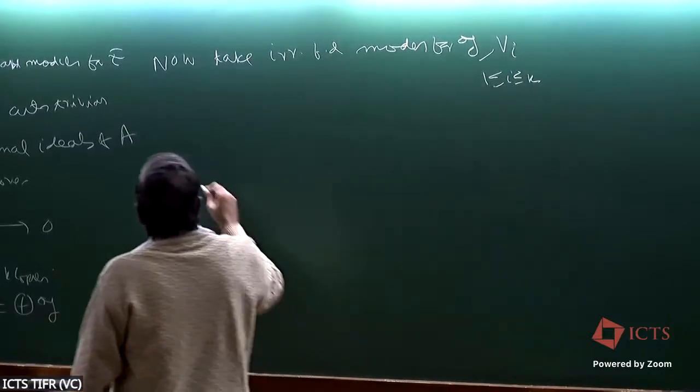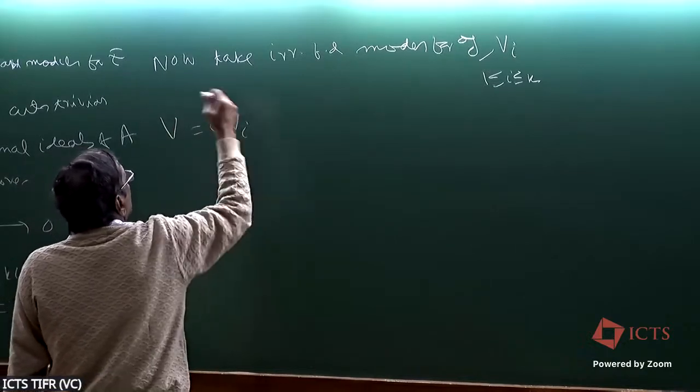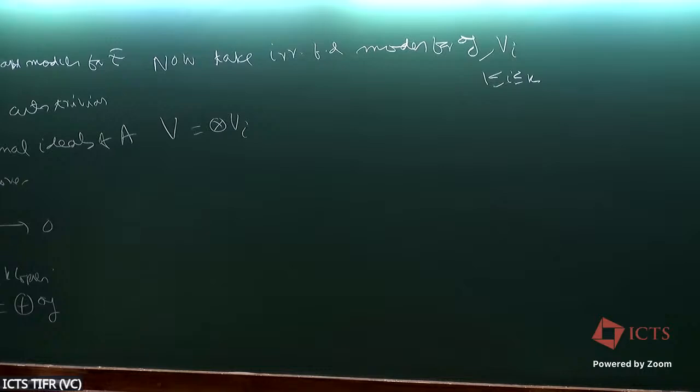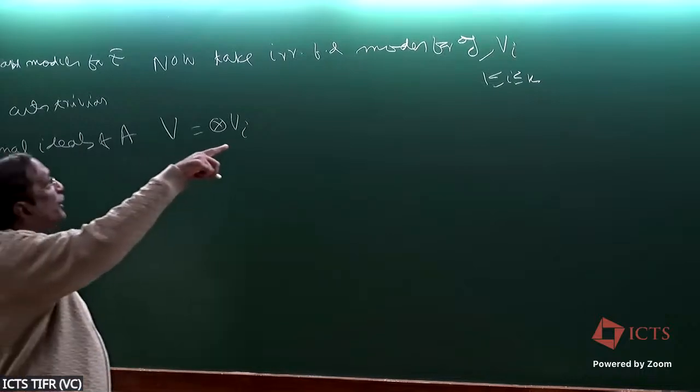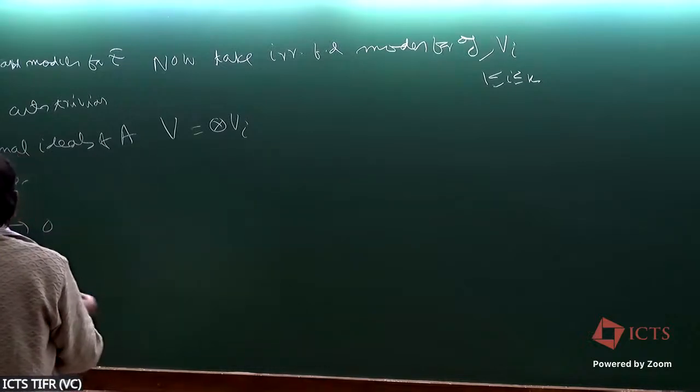So look at V, which is the tensor product. Each V_i is a g module, and the tensor product becomes a module for this Lie algebra. Each V_i being irreducible, this will be irreducible for this. So you just lift it.